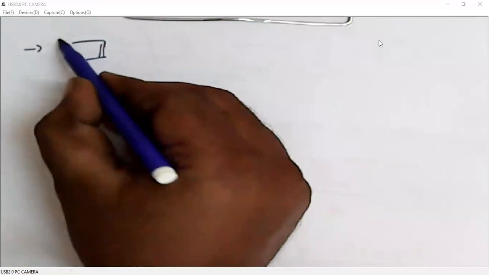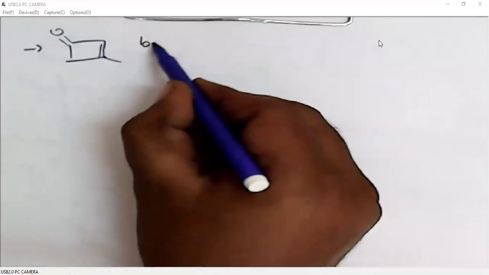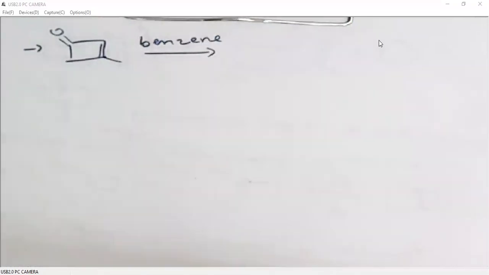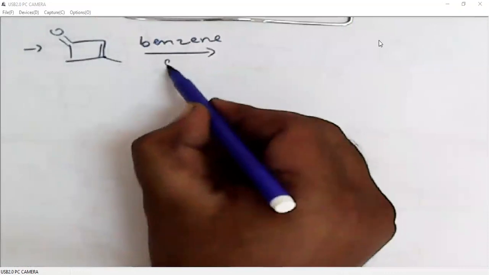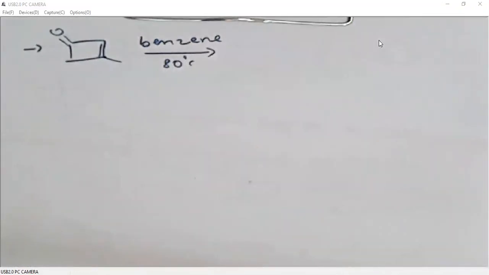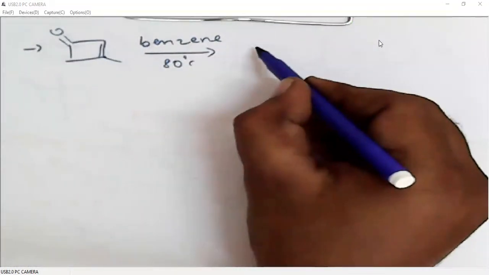Now we will see some additional reactions which involve ketene. When this cyclobutanone is heated in benzene, it undergoes electrocyclic ring opening. Of course, electrocyclic reactions are not covered so far, but still it is an electrocyclic ring opening.